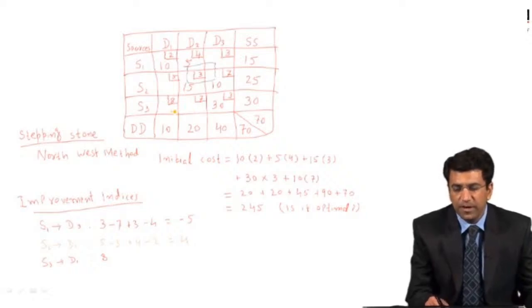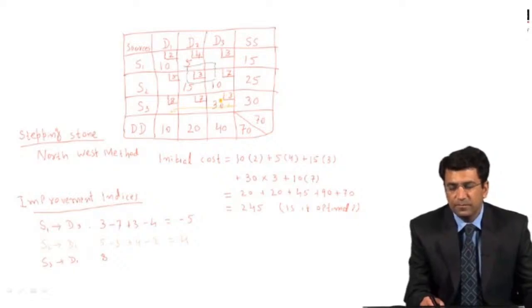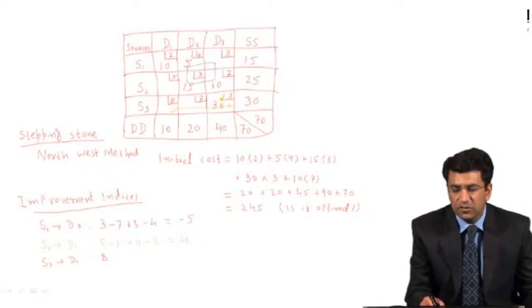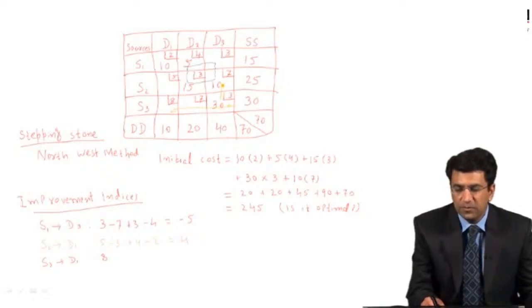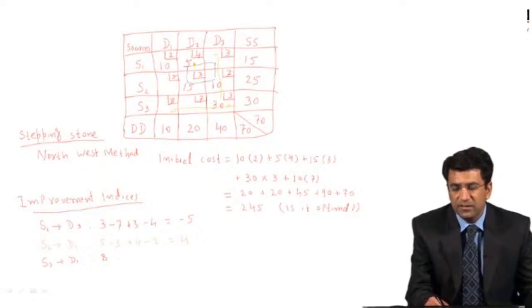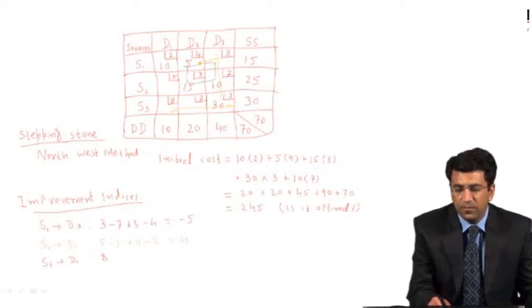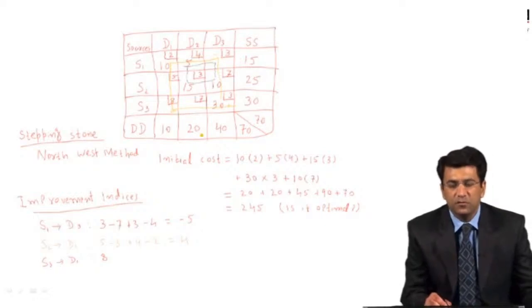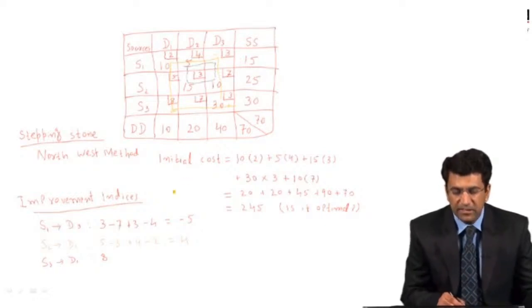So we will subtract that value from this particular cell. And again, in order to balance this column total, we will have to subtract this value from this cell, and in order to balance this row total, we will have to subtract that value from this particular cell. So again it will become a sort of loop.